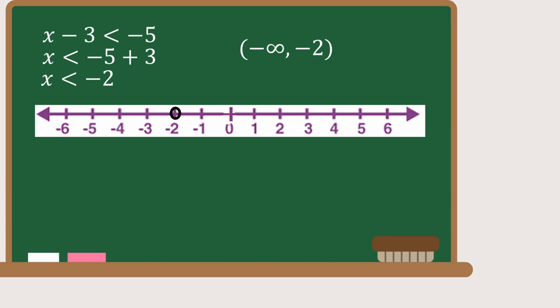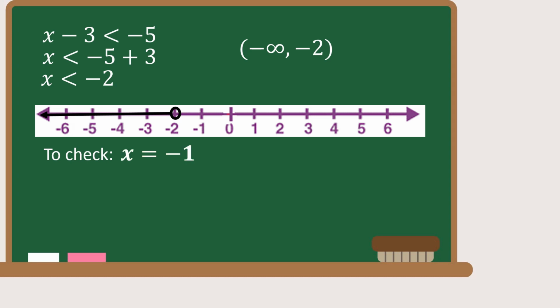Therefore, the interval notation for the solution of the given linear inequality is open parenthesis, negative infinity, comma, negative 2, close parenthesis. To check if our answer is correct, we will substitute negative 1.